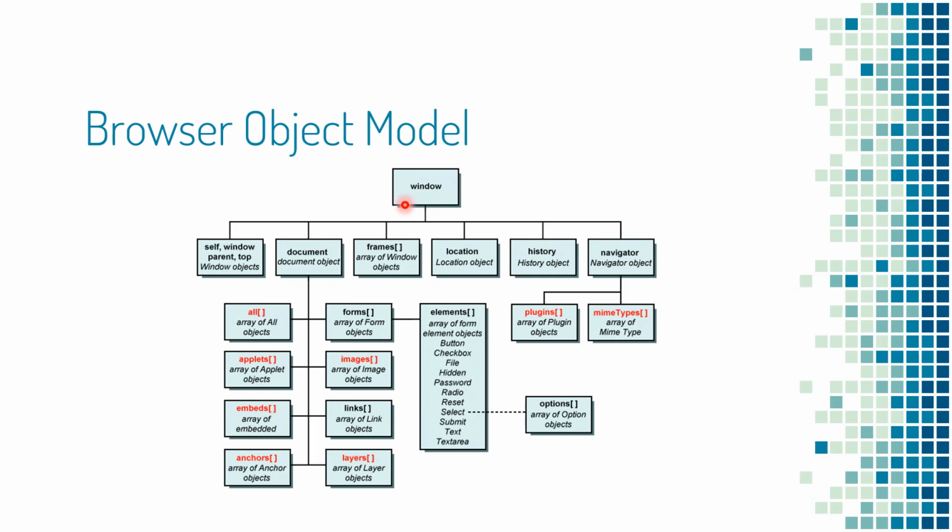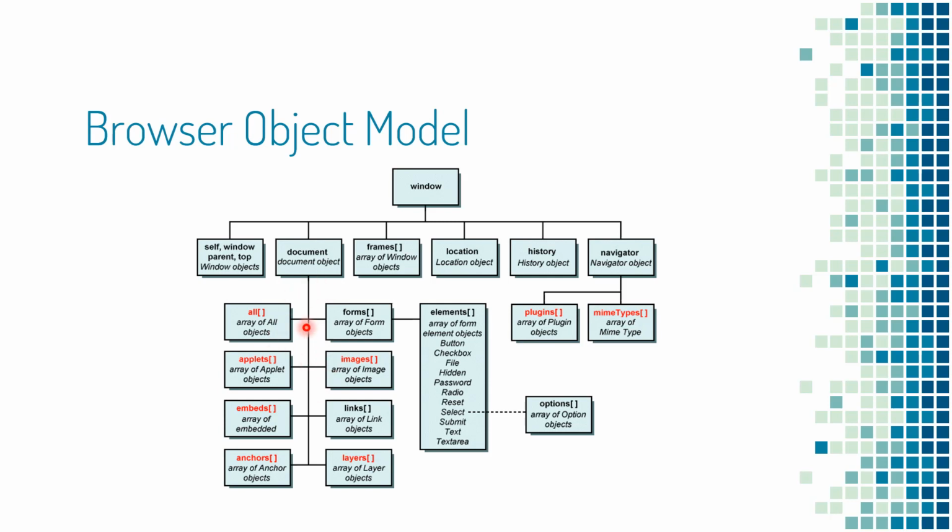Another object provided by the browser object model, or BOM, is the document, where you can manage all the elements in that document. When we talk about documents, we are talking about how you can manipulate HTML and CSS after it's been downloaded in the browser.